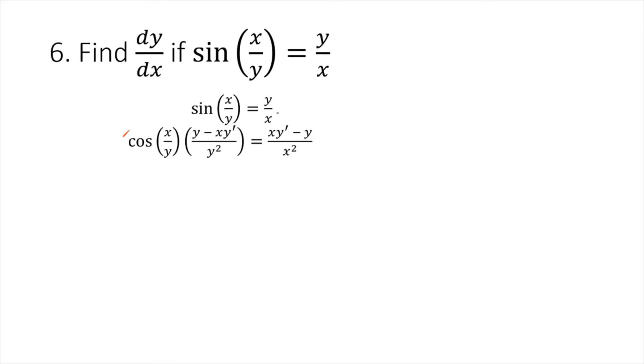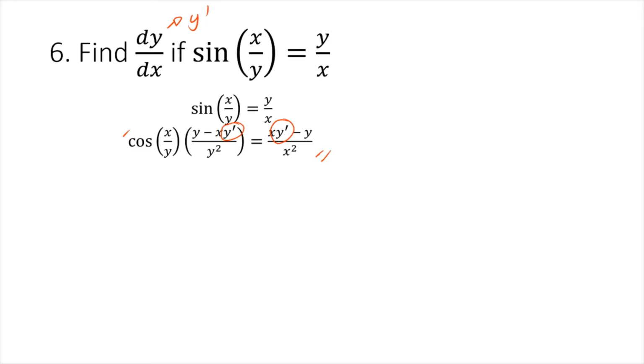equals, so the same formula, quotient rule, low d high minus high d low over low squared. Now our goal is to find dy/dx, right? It's the same as y prime. So what we need to do from here is isolate y prime.